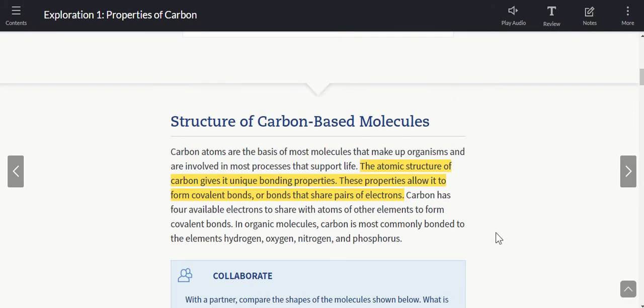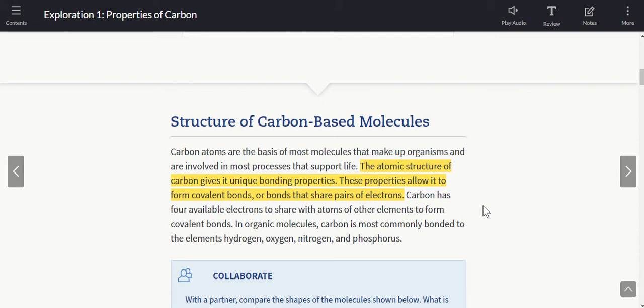All right. Now, the structure of carbon-based molecules is unique because of this fact that carbon has 4 available electrons that can bond. We talked earlier about how molecules are always looking to fill up their outer shell. Well, carbon has 4 out of 8, which means they are just as likely to gain 4 electrons as they are to lose 4 electrons.